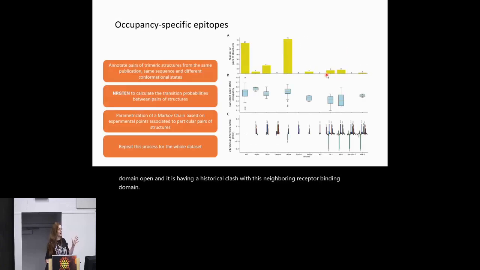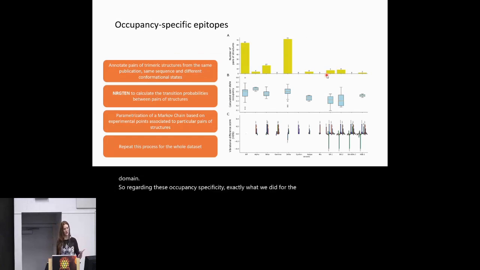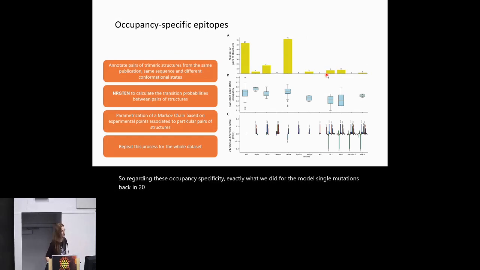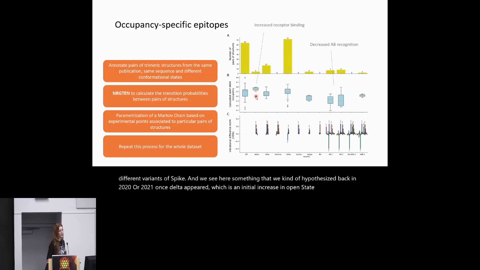Regarding this occupancy specificity, exactly what we did for the modeled single mutations back in 2020, we also did now for experimentally solved structures, pairs of structures for different variants of Spike. And we see here something that we kind of hypothesized back in 2020 or 2021 once Delta appeared, which is an initial increase in open state occupancy, probably associated with increased transmissibility and increased ACE2 binding.